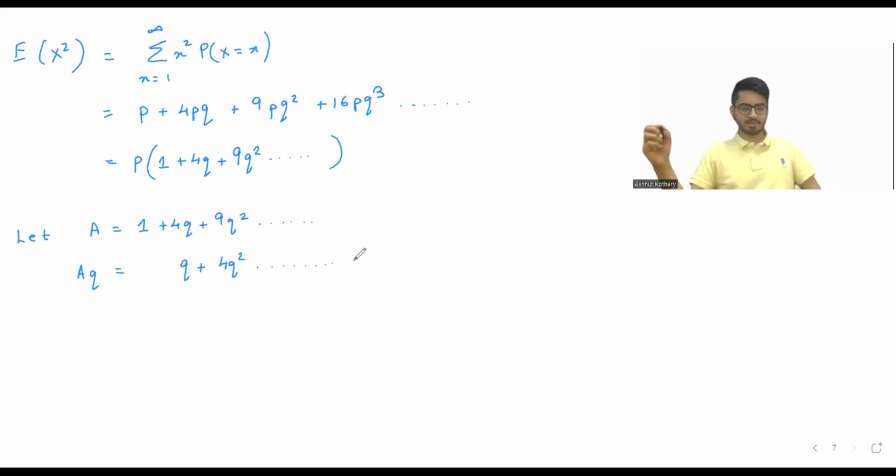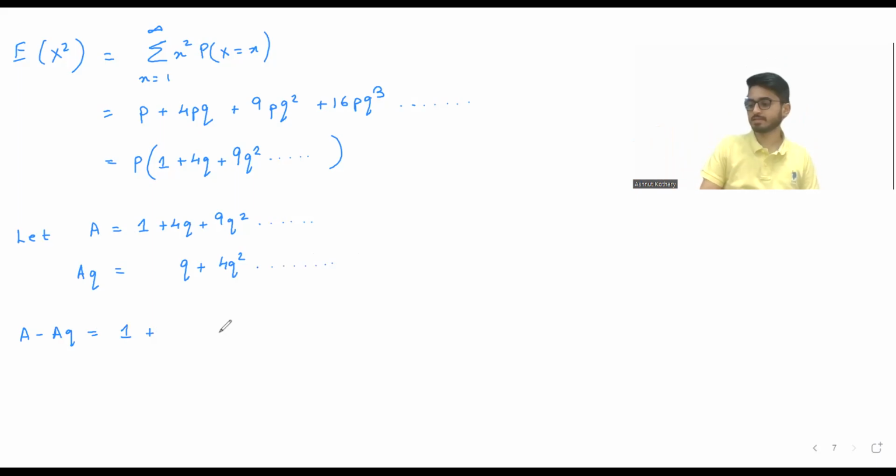Take a look at the screen itself, then you can copy it down. Now if I subtract, what I will get is A minus Aq is 1 plus, what will be the next term? So now if you observe, the coefficients are going to be 1, 3, 5, 7, 9, 11, all the odd numbers, and the q powers will be 0, 1, 2, 3, 4, and so on.